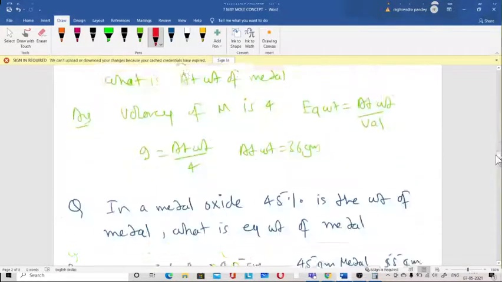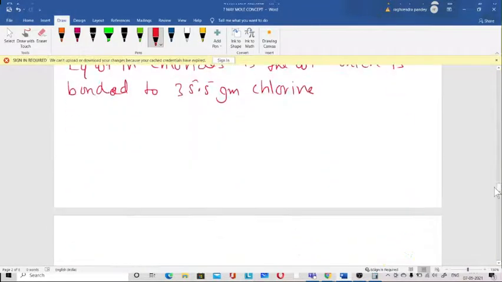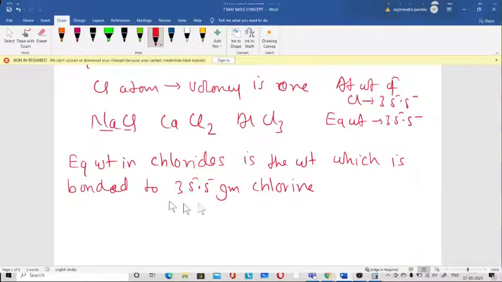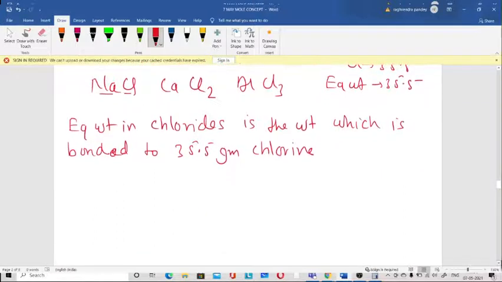Now in the case of chlorine, it is 35.5 gram because the equivalent weight of chlorine is 35.5 gram. So we take the weight of metal which is connected to the 35.5 gram. Everything you have to do is the same. The calculation will be just like your oxides.